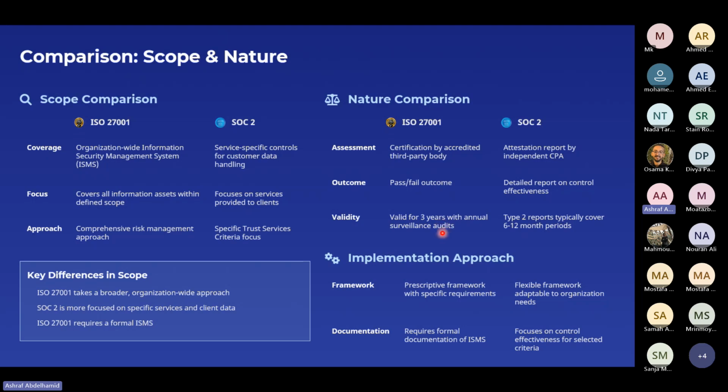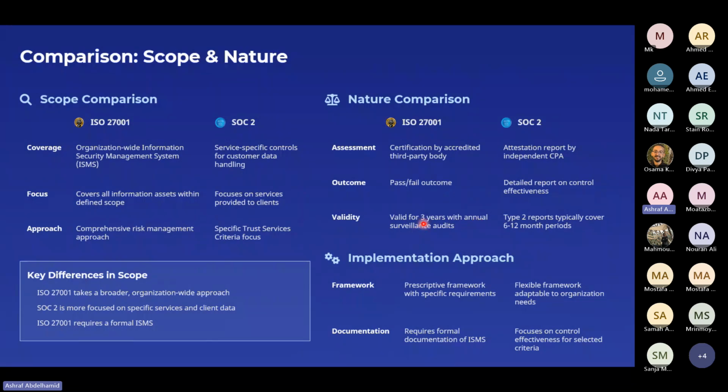It means that once the organization passes that ISO 27001 audit, they are granted a certification, and that certificate will be valid for 3 years, regardless of the surveillance audit, whether or not it passes. But what happens if the annual surveillance doesn't pass?